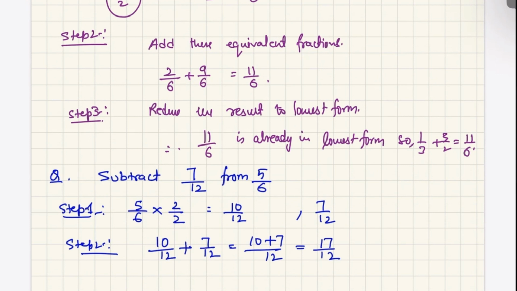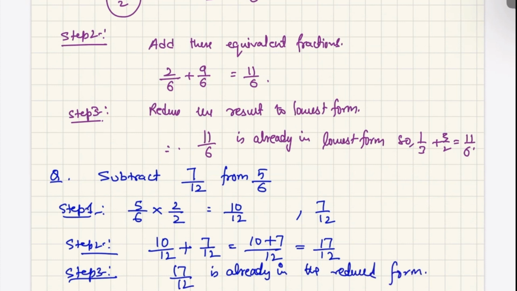Okay, and step number 3 is reduce it to the lowest form. 17 by 12, this cannot be divided in any case, it is already in the reduced form. Hence, 17 by 12 is the answer that we have.